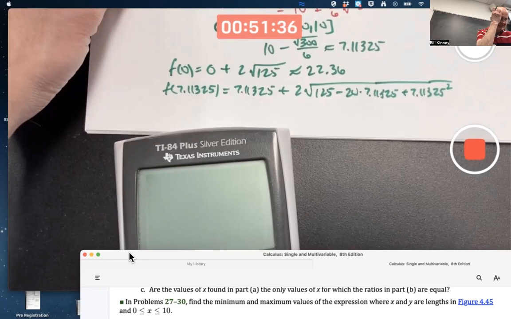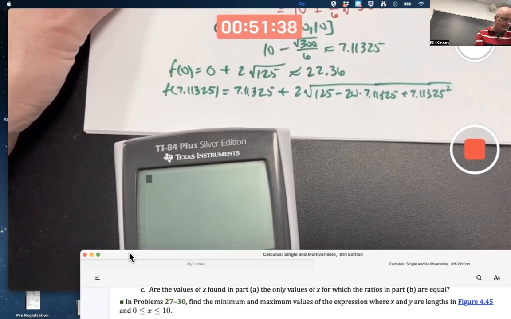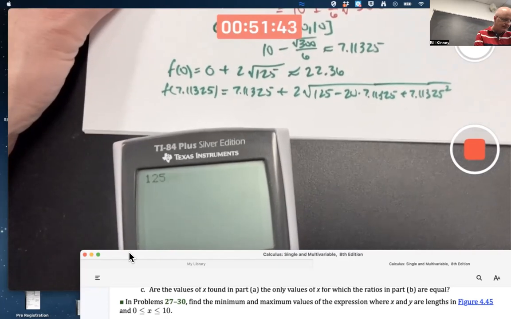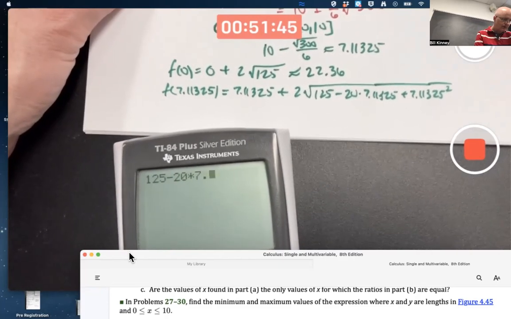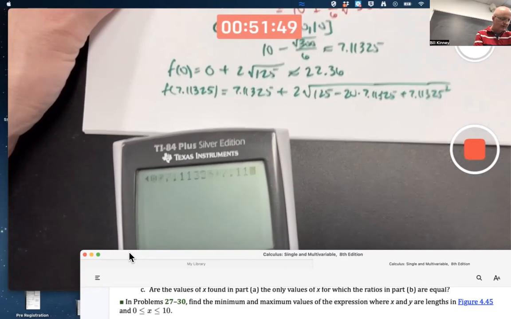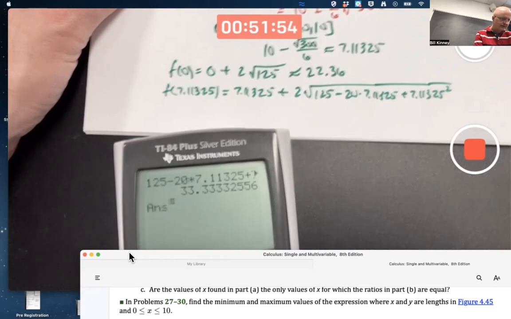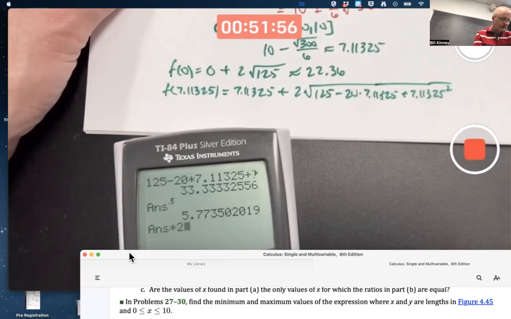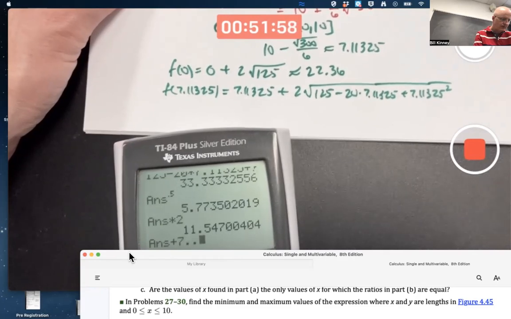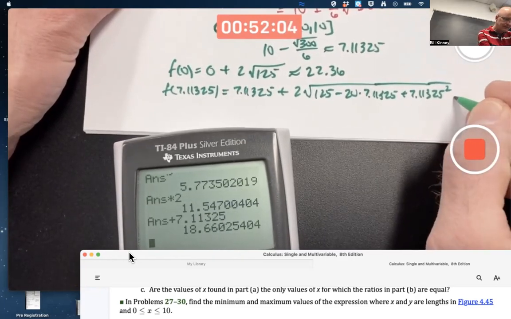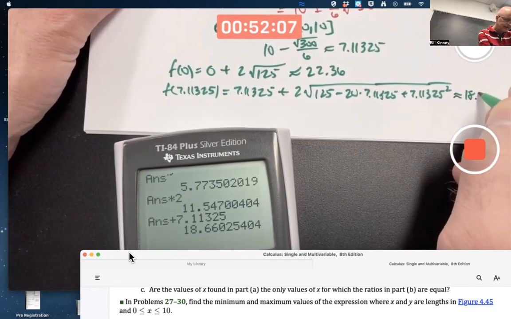Not a super pleasant thing to calculate, but again, that's life sometimes. Take the square root of that, multiply times 2, and add the 7.11325. I have now made a mistake. It's about 18.66.